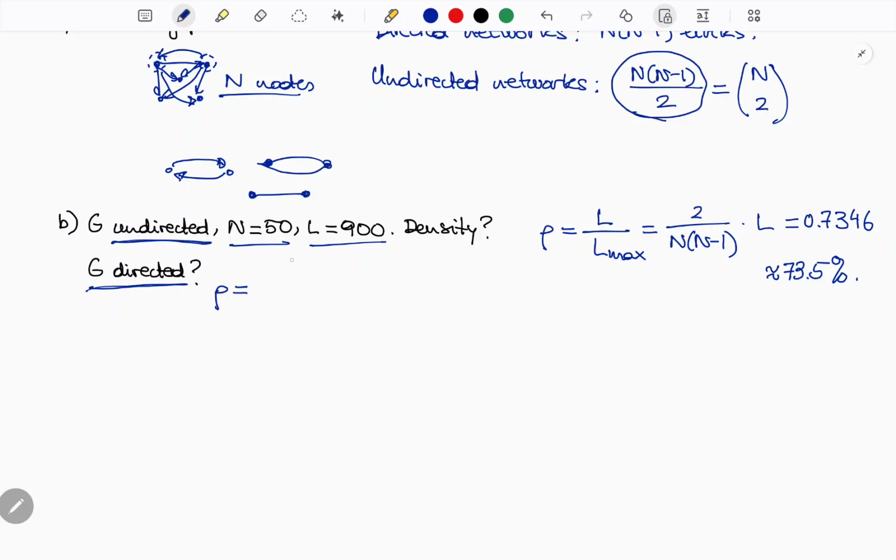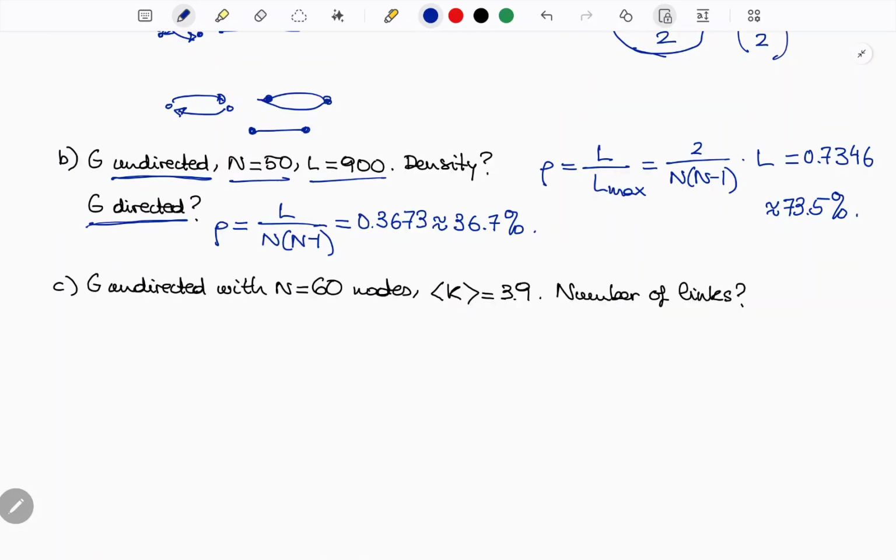It's L divided by n times n-1, which in this case is equal to 0.3673, which is approximately 36.7%. So that's the value of the density in these 2 networks.